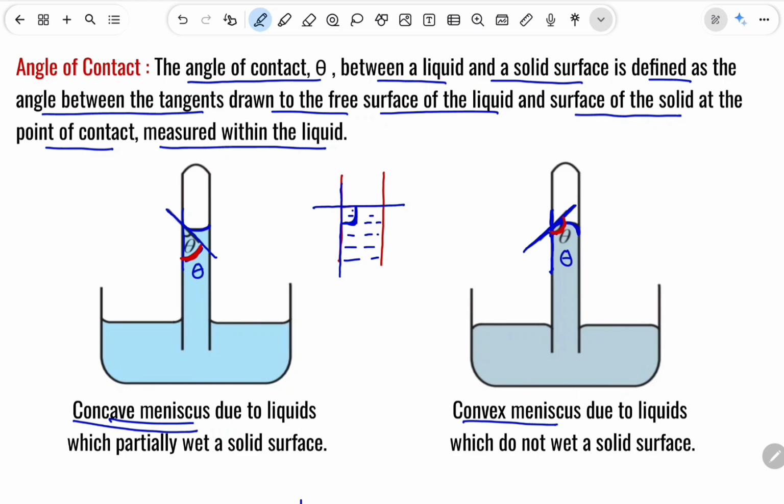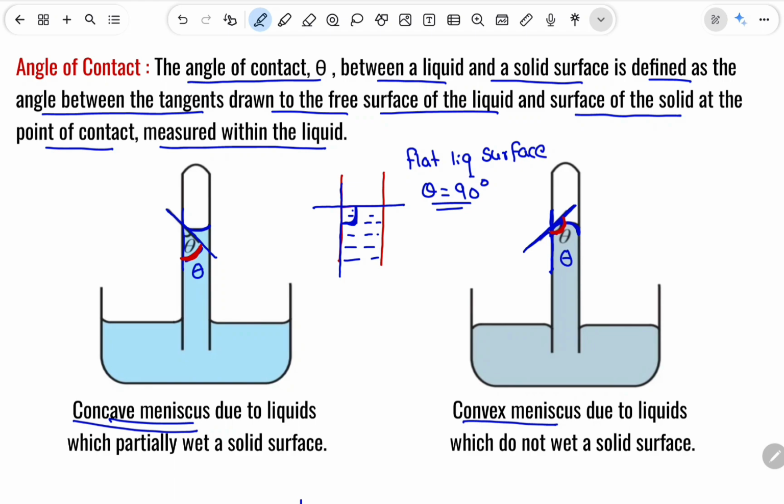Now within the liquid, we can see that the angle between the two tangents is 90 degrees, and therefore we can clearly say that for a flat liquid surface, the angle of contact theta is 90 degrees.